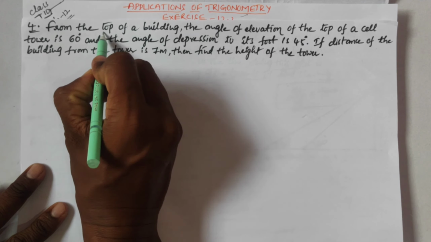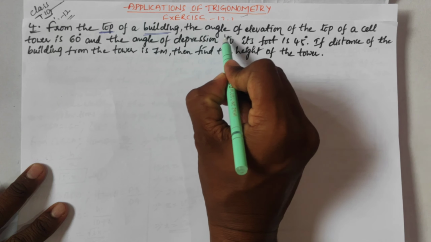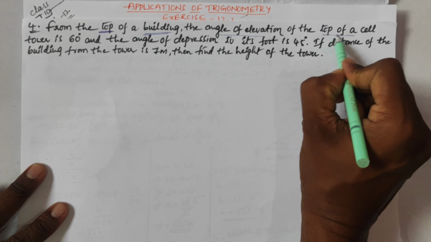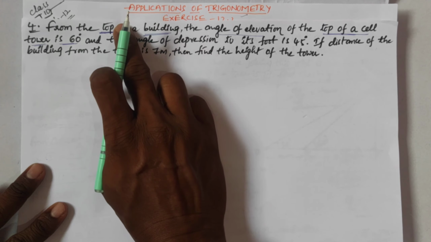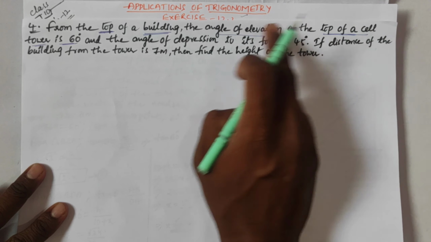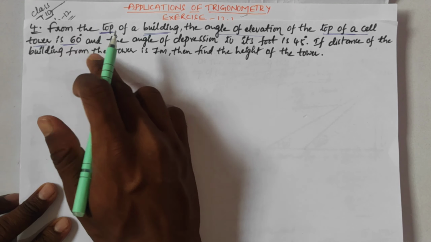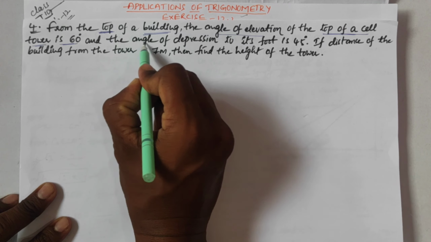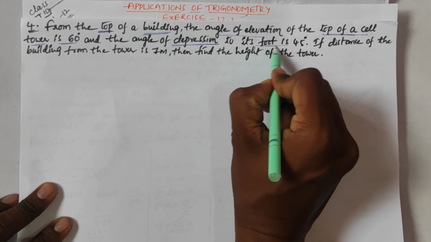From the top of a building, so observing from where? From the top of a building, the angle of elevation of the top of a cell tower is 60 degrees, right? Then the angle of depression to its foot is 45 degrees.